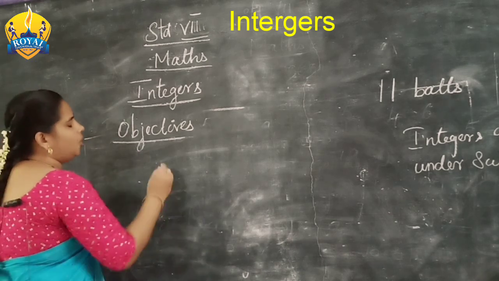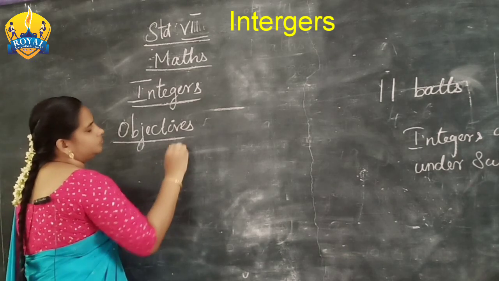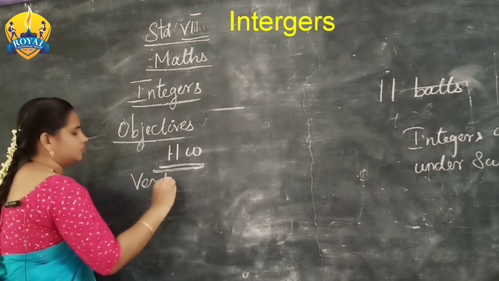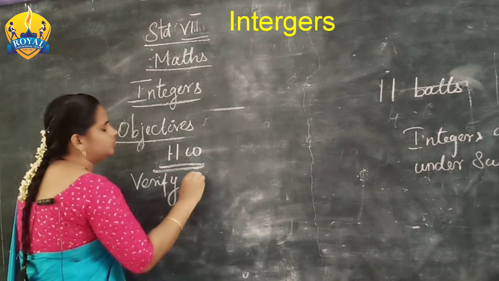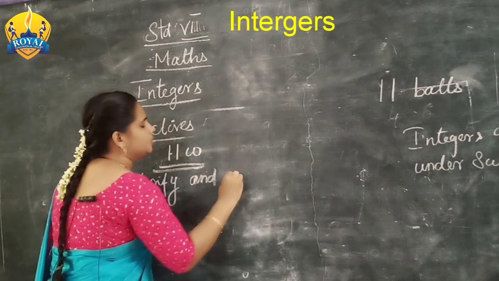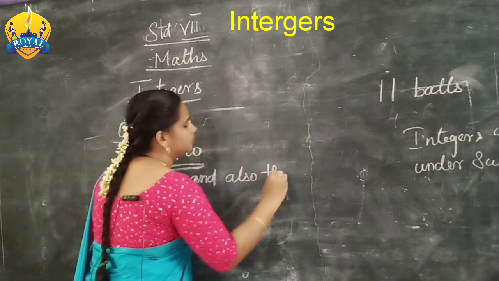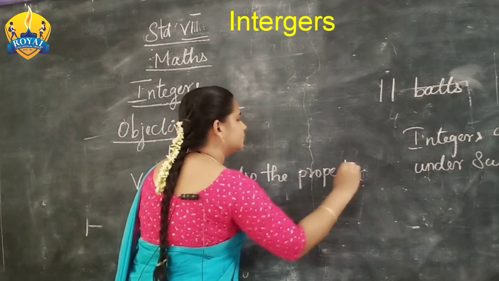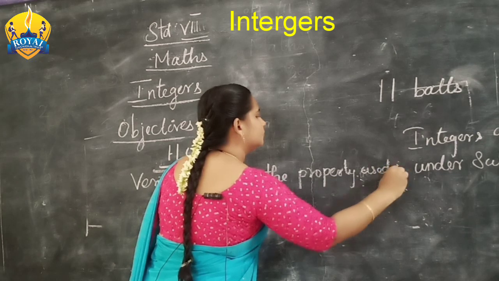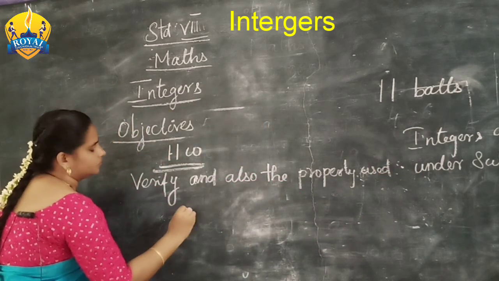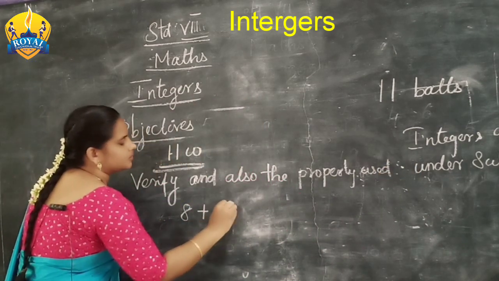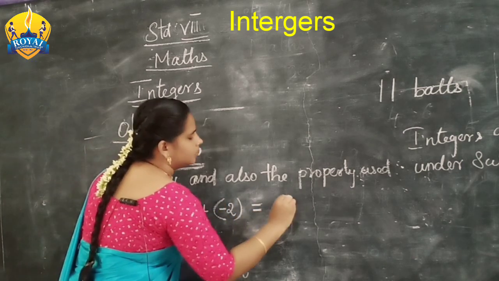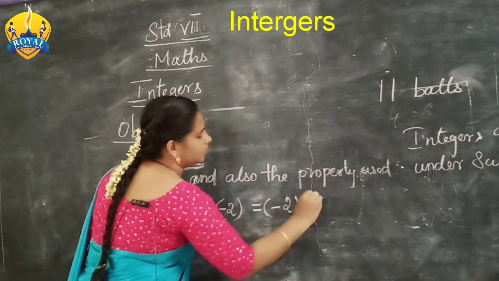Please note down the homework sums. Verify and also name the property used: 8 plus minus 2 equal to minus 2 plus 8.